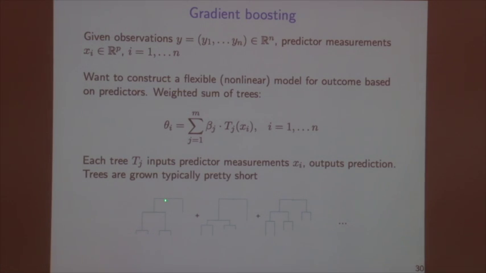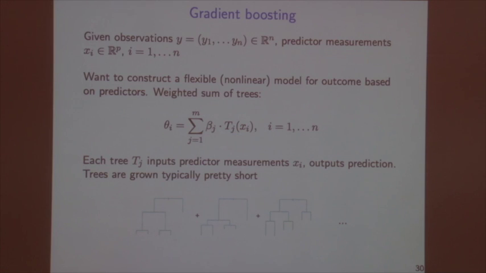I need to figure out an optimal split, and then move forward, figure out a second variable, say x2, figure out an optimal split, and so on and so forth, until I reach a leaf. When I reach a leaf, the predicted value for y according to that tree is going to be the average of the values of y belonging to that leaf. Do you have questions about that, guys?